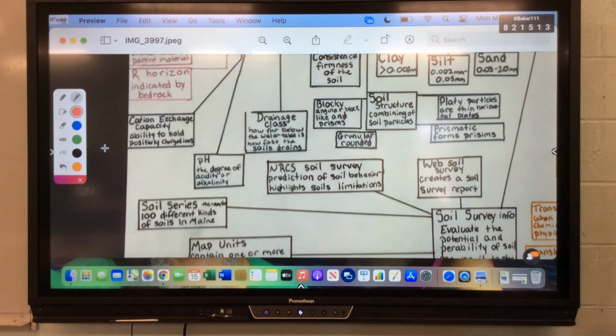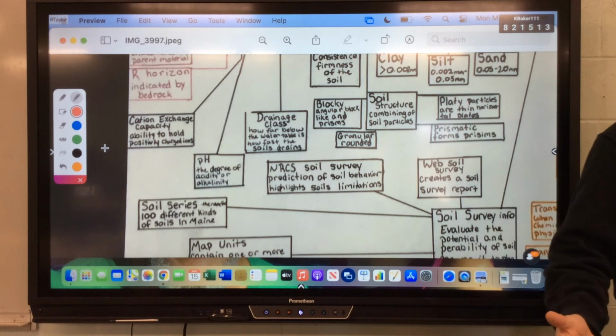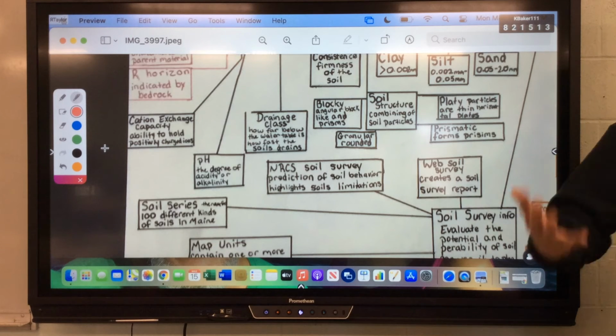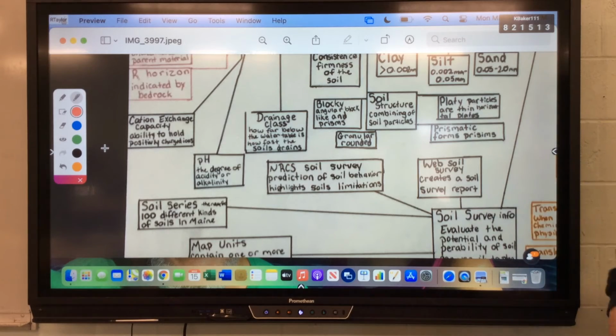So an ion is a charged atom, right? Okay. And some ions are positively charged because they lost an electron. And other ions are negatively charged because they gained an electron, right? So we have positive ions and we have negative ions, all right?